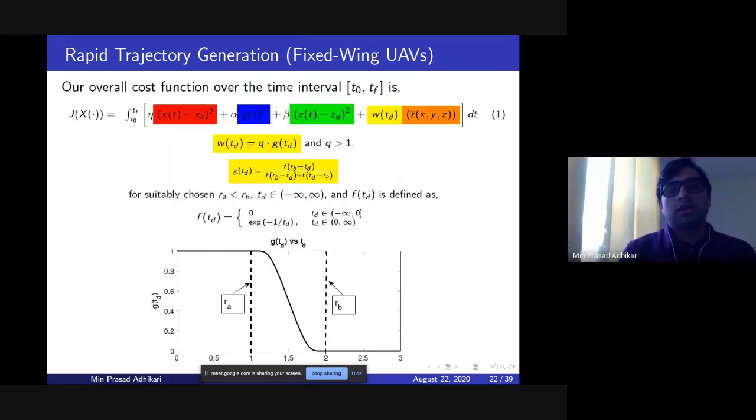So this is my overall cost function. In red, like I said before, let's say the UAV is flying along the positive x-axis. Then x equal to xa is the goal plane. That's where I want to reach. My aim is to minimize the difference between the current x position of the UAV and the goal plane xa.